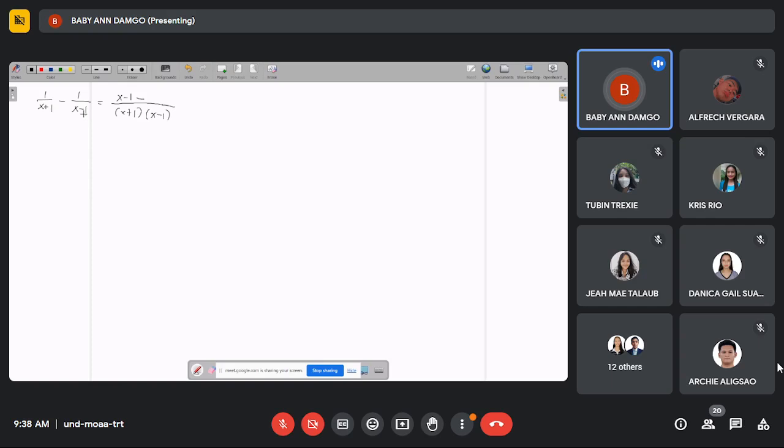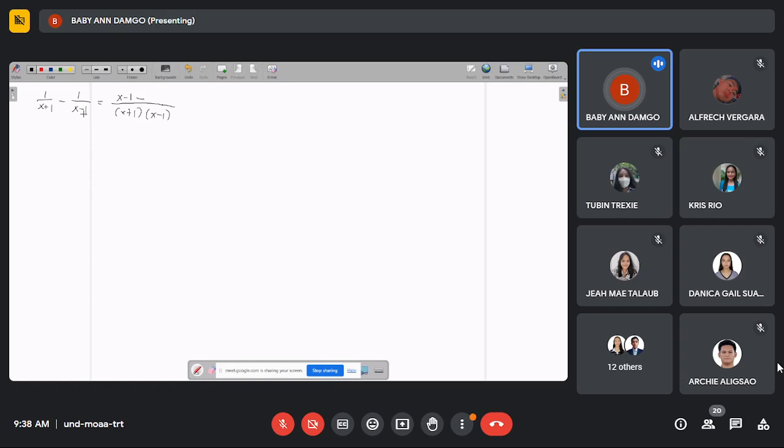So sayon na siya mag-combine, no? We have LCD and then simplify padong diri. But pabalik, so mao na gitawag og decomposition of partial fraction.